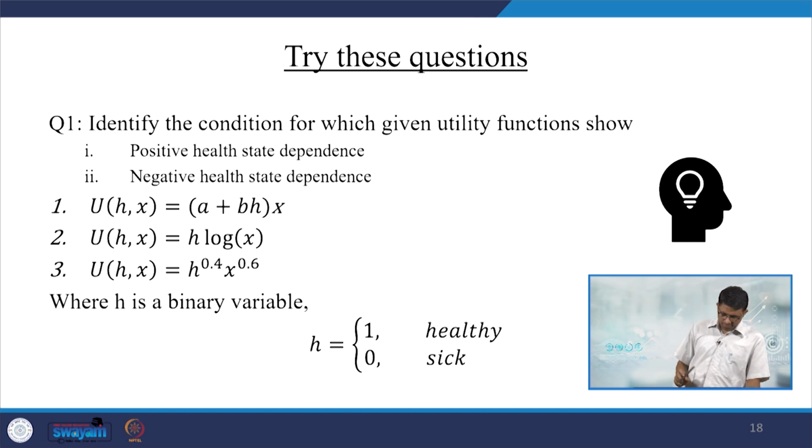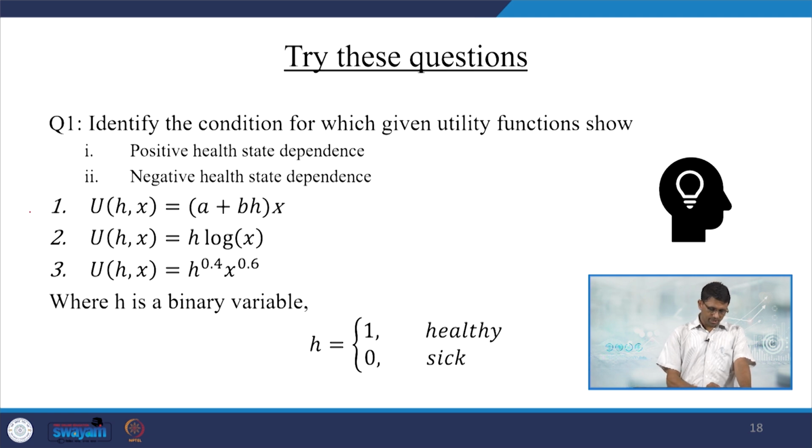At this moment we have given some models, some equations, functional forms of healthcare, where we have taken health with other commodities. You can identify which one is called positive health state dependence and which one is called negative health state dependence.